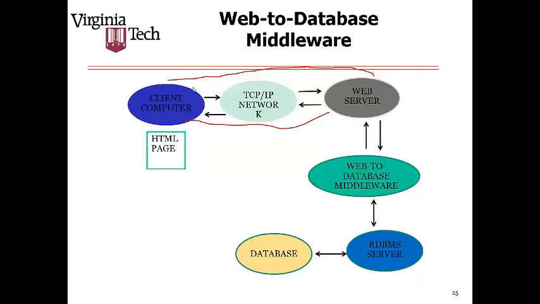Then the applet sends through the web server the log information down to the middleware, our Java application that we wrote, which then sends it on to Access, which then checks the database, which then sends back the result set to our program, which then sends back the result set to the client computer, which is our applet.